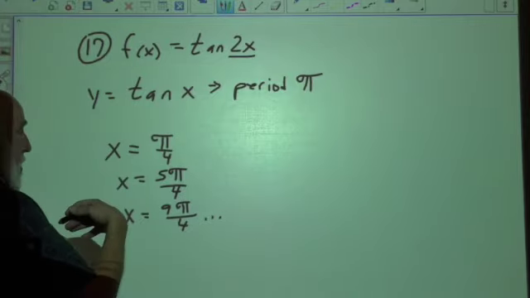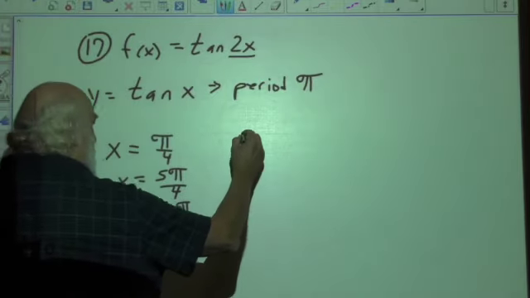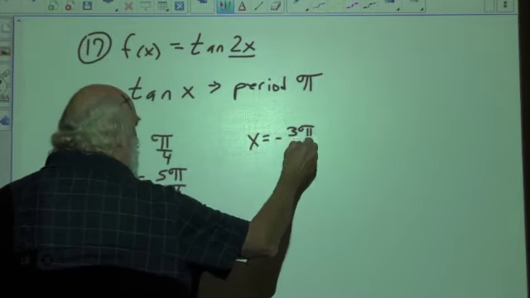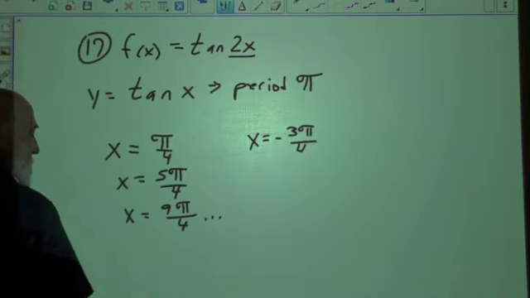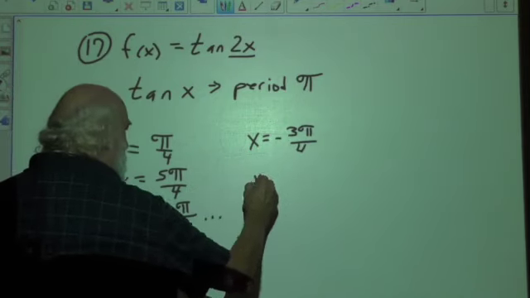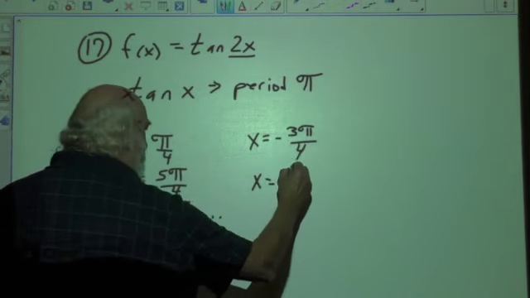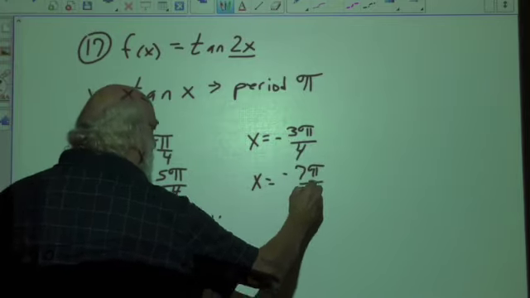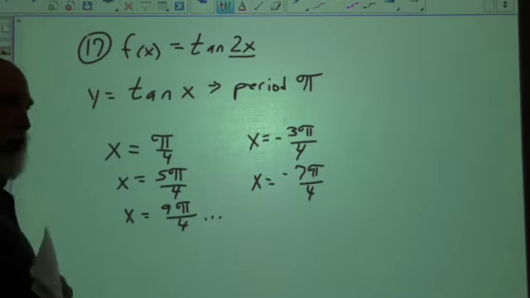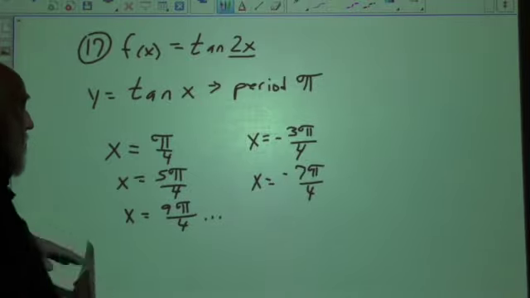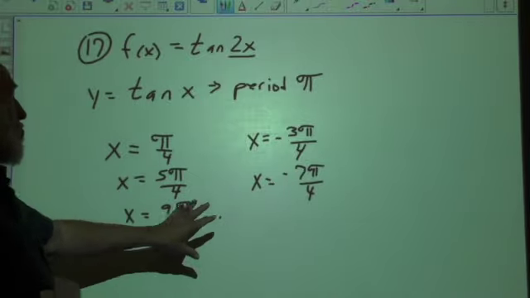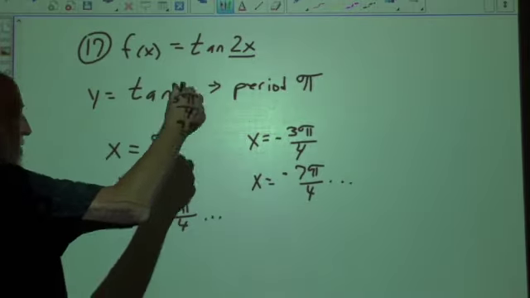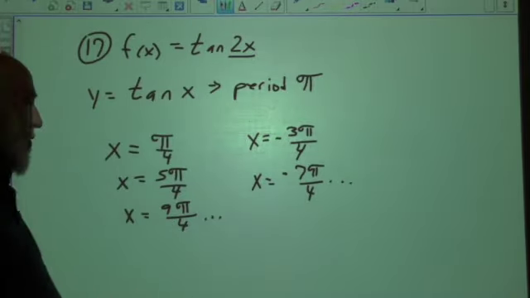Then if you go to the negative side, x is equal to negative 3 pi over 4, because it's pi away from that, and then x equals negative 7 pi over 4, because it's shifting by pi each time. Then you say on and on like that, because every time you're adding 4 pi to the top to get a pi shift.